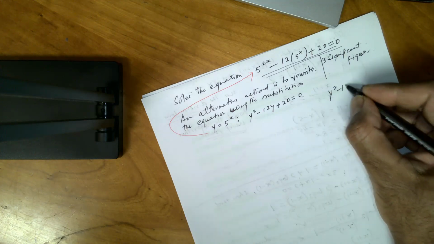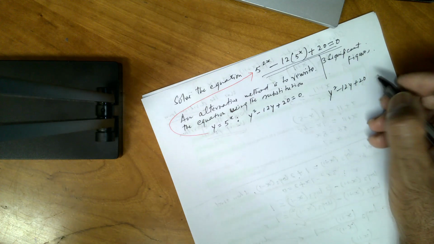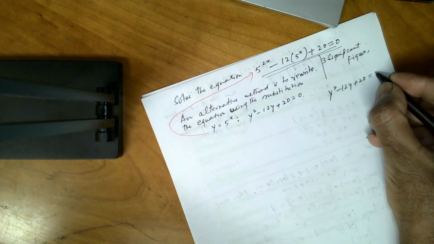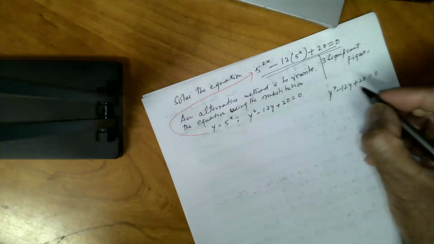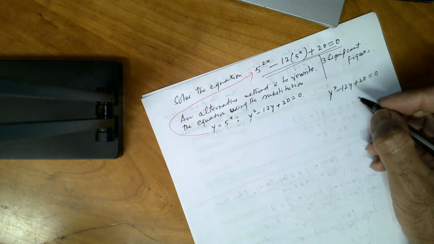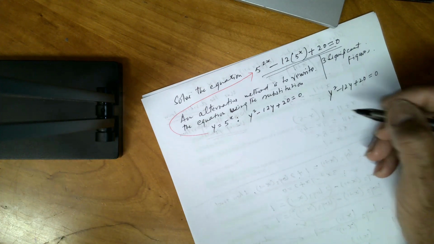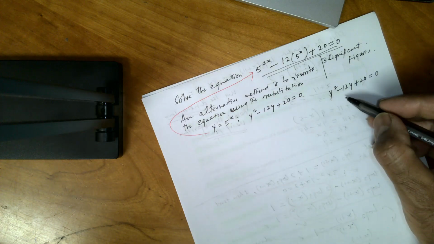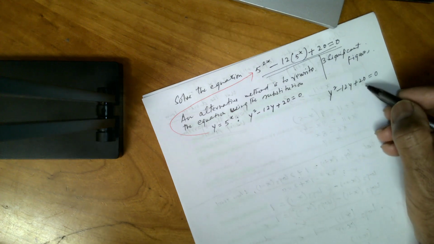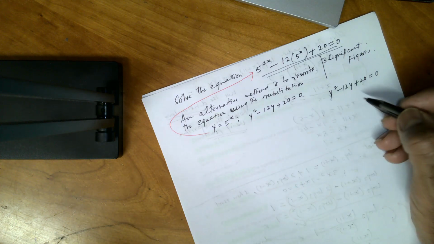y squared minus 12y plus 20, that is equal to 0. So what numbers have a product of 20, and when you add them will give you minus 12?